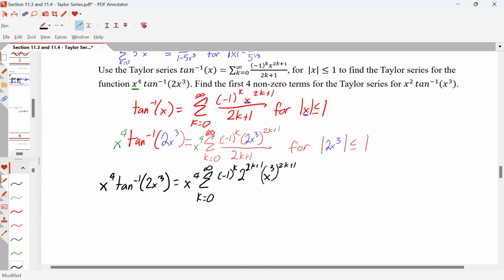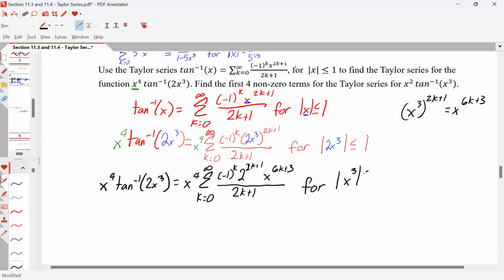For x cubed to the 2k plus 1, I can take the 3 and multiply by the 2k plus 1 to get 6k plus 3. And the over 2k plus 1 stays the same. And for the interval, I'm going to start solving this. I'm going to divide everything by 2, so I have the absolute value of x cubed is less than or equal to 1/2.